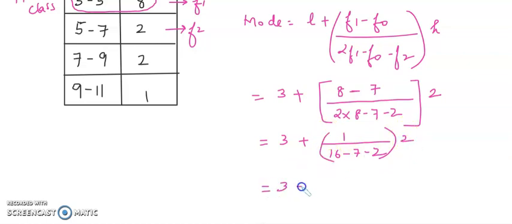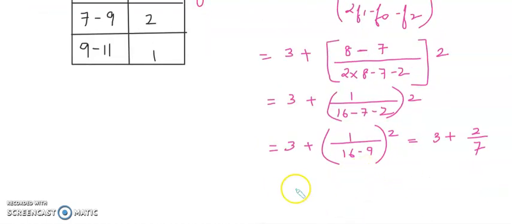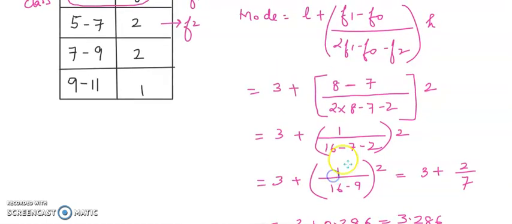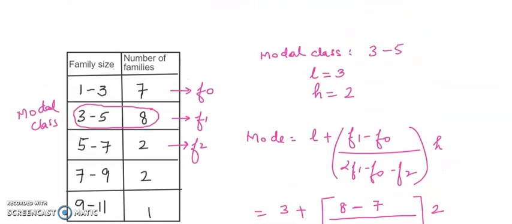When we simplify, this will be plus 1 over 16 minus 9, multiplied by 2, which equals 3 plus 2 over 7. That equals 3 plus 0.286, which is 3.286.